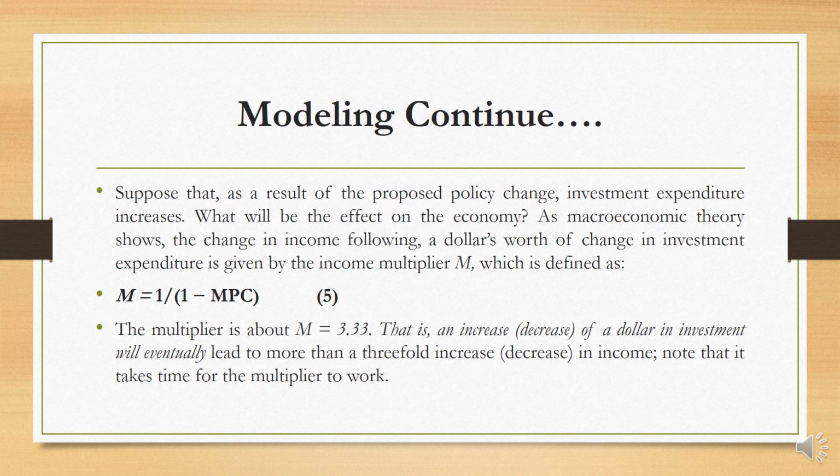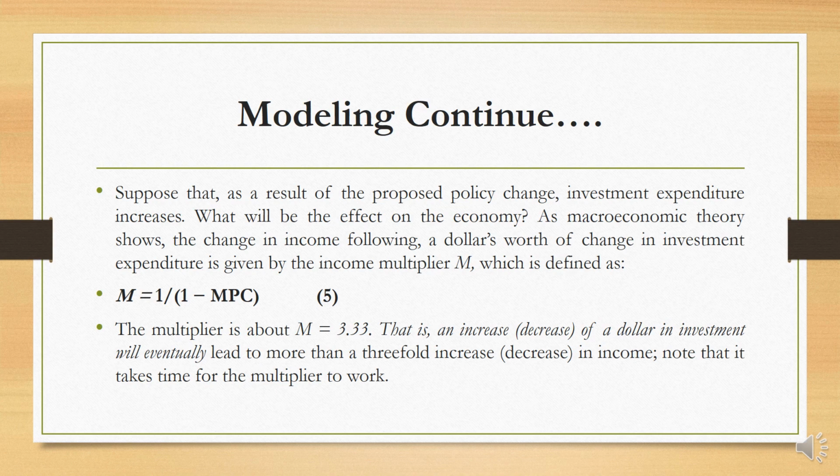Suppose that as a result of the proposed policy change, investment expenditure increases. What will be the effect on the economy? As macroeconomic theory shows, the change in income following a dollar's worth of change in investment expenditure is given by the income multiplier M, which is defined as M is equal to 1 over 1 minus MPC.